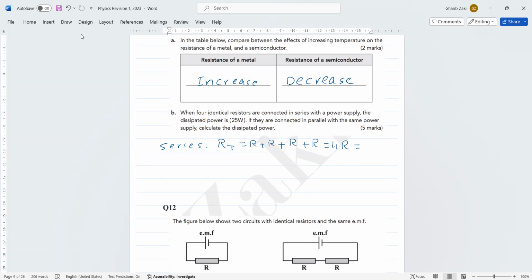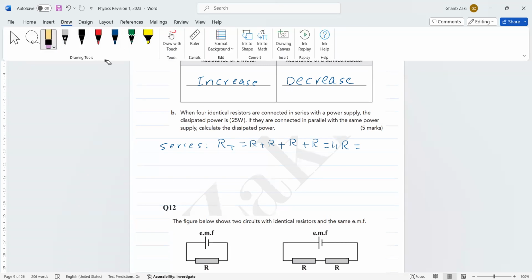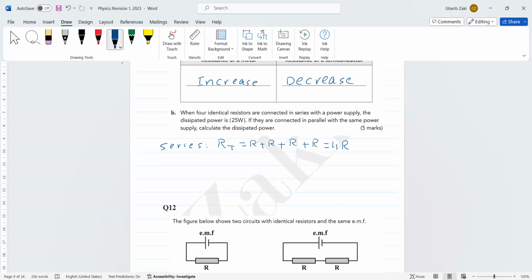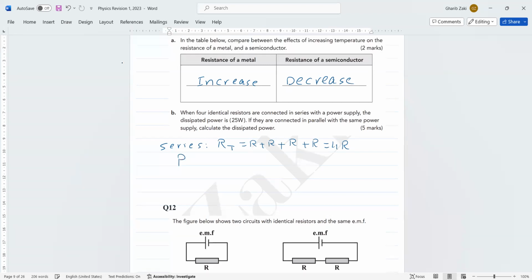This is the total resistance. Now, the power, let this power be denoted by P1. We use the formula V squared over R total. So V squared, we don't have V squared, over R total, which is 4R.